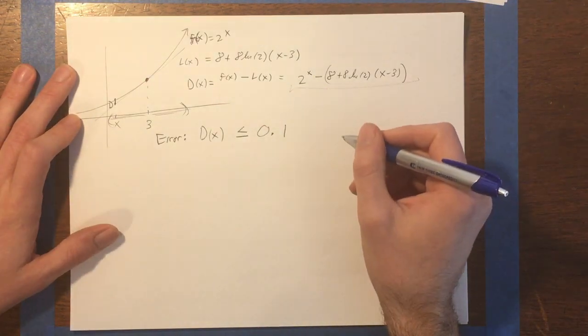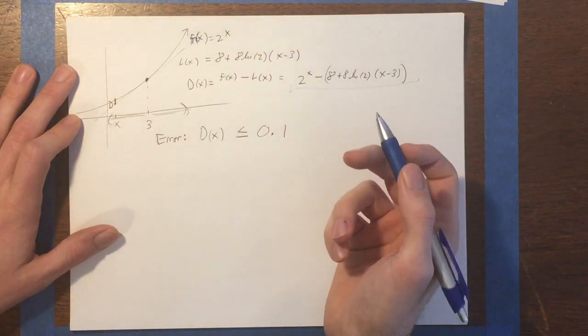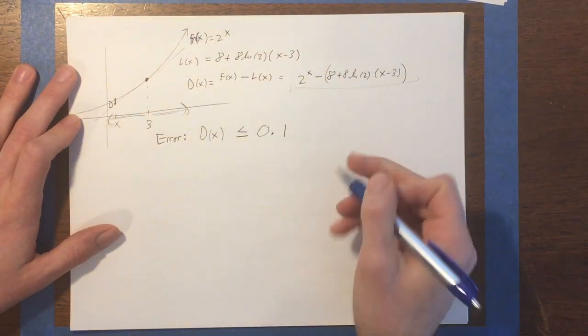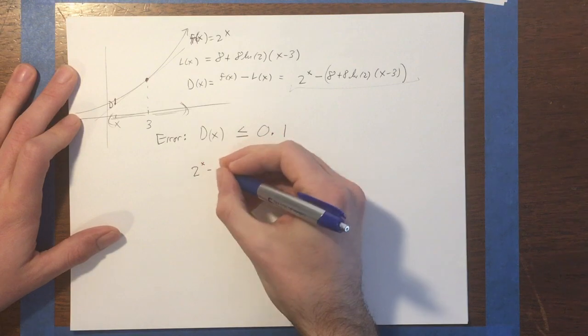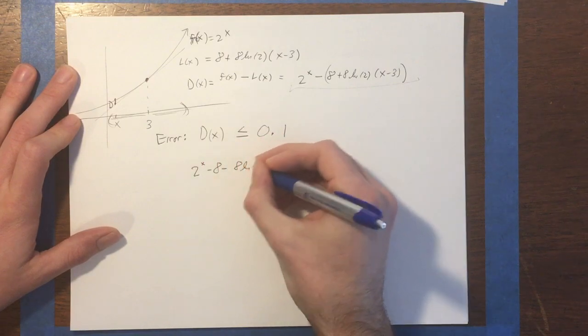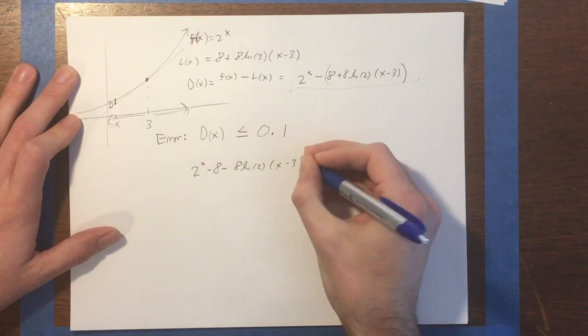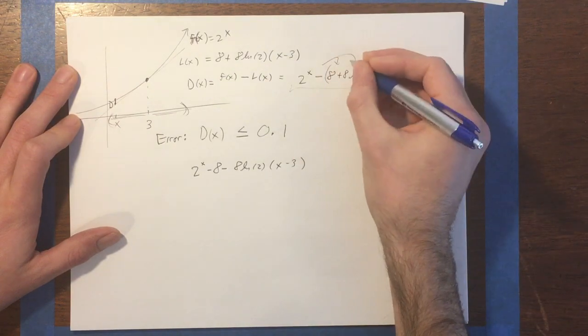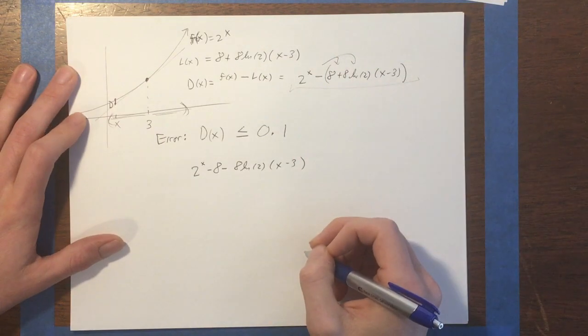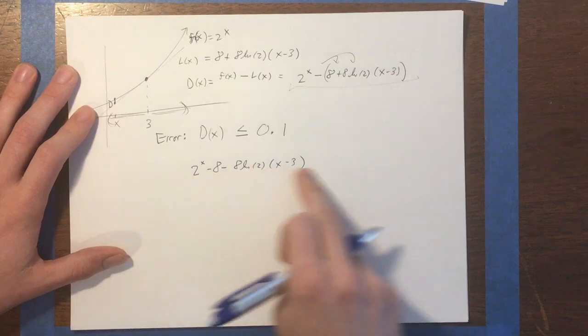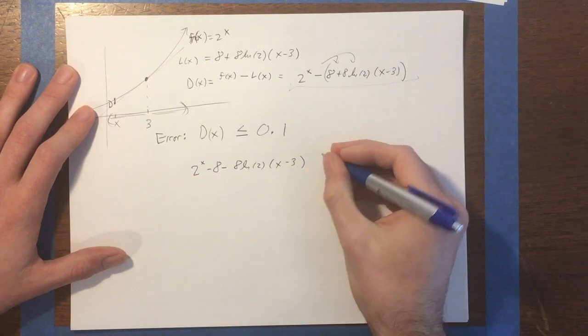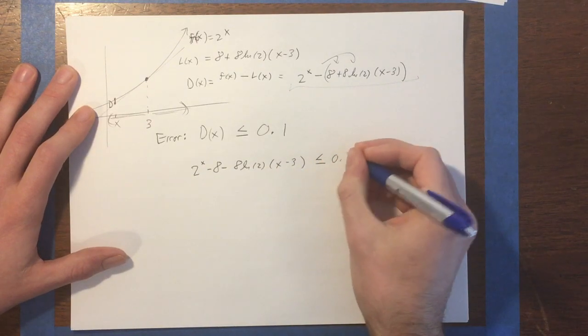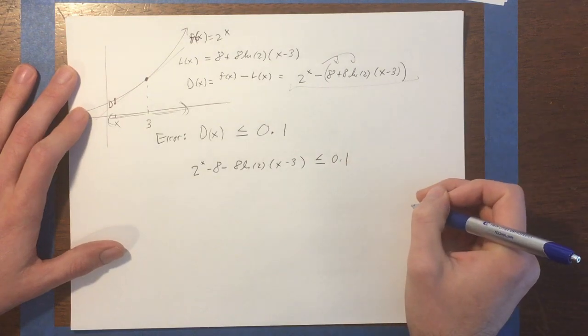So the way to figure out what that range would be is just to solve this inequality. Okay, so let's write 2 to the x minus 8 natural log of 2 times x minus 3. And I distributed that subtraction there, by the way, to the two terms. That's our d of x, our difference. When would that be less than or equal to 0.1? That's the question, right?